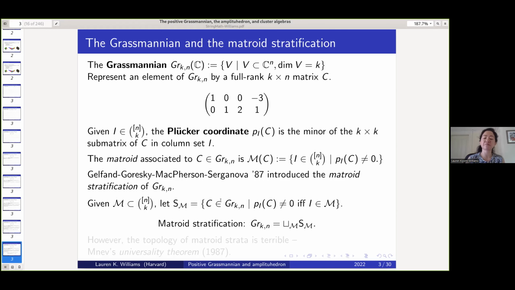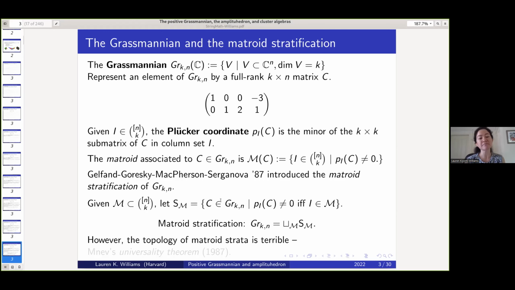There are a lot of beautiful properties of the matroid stratification, but the topology of these strata is terrible. Mnëv's universality theorem showed that basically the topology of these strata can be as bad as that of any algebraic variety. Okay, that was the Grassmannian, and now I want to define the positive Grassmannian.